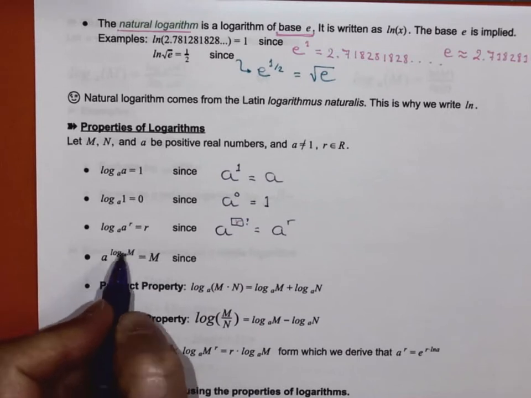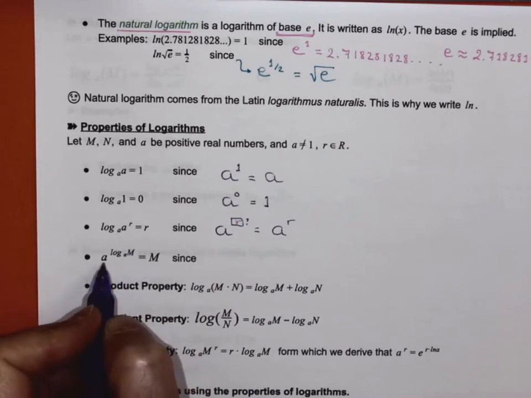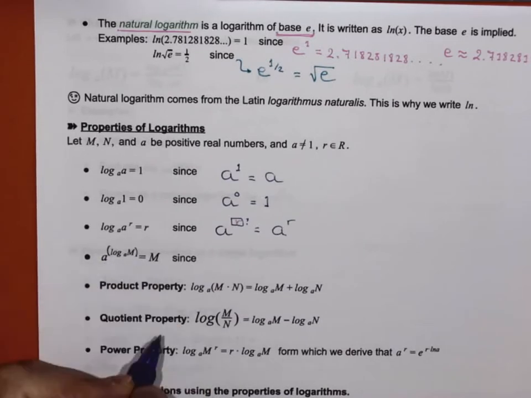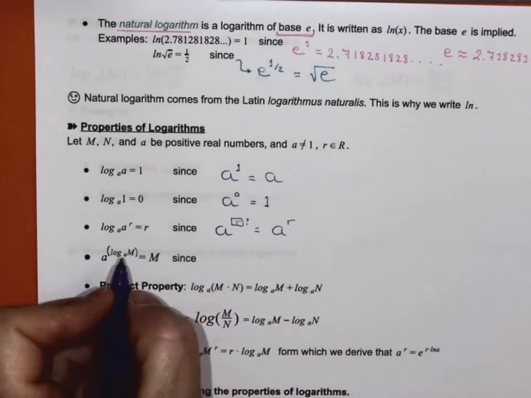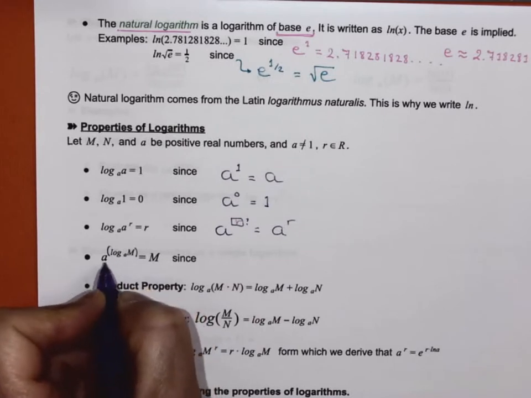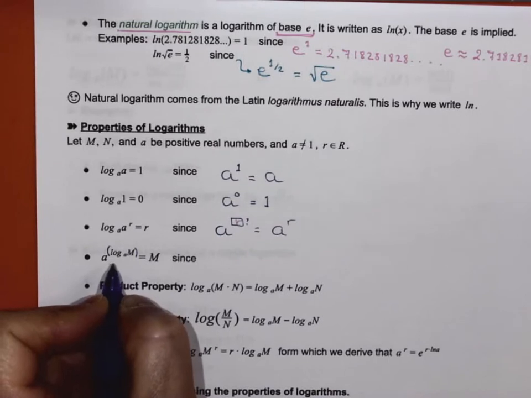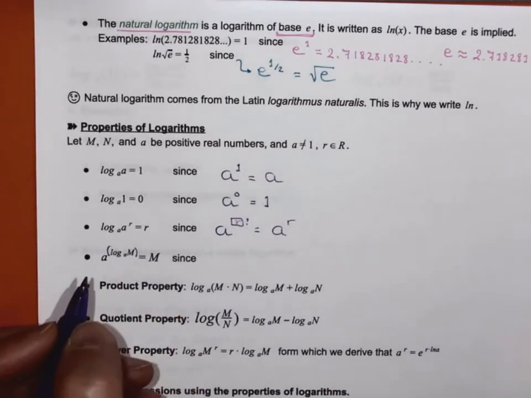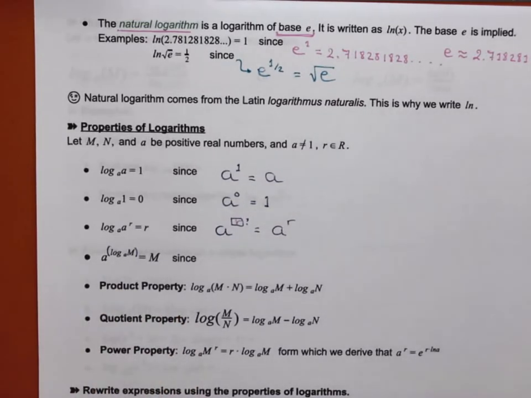A is the base of an exponent, right? And that's the exponent right there. And what is that exponent? It's a log with a base a. Those two bases are the same, so they're inverse operations of each other. That's like saying 2 times 1/2. Well, that would be 1, right? Because 2 and 1/2 just cancel each other when you multiply them.